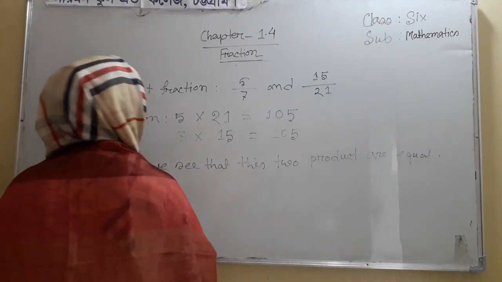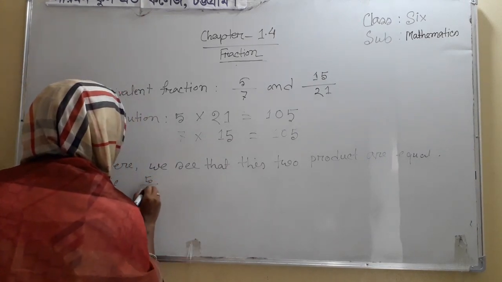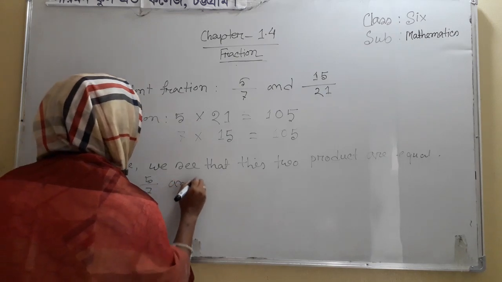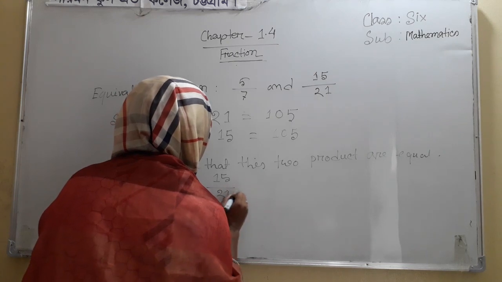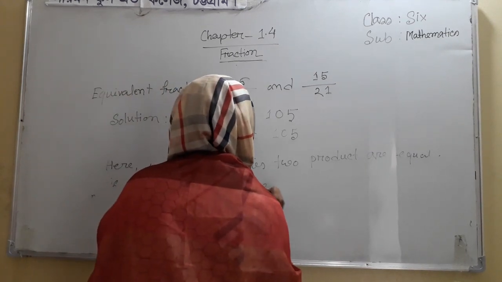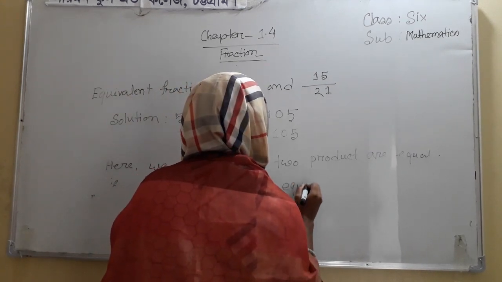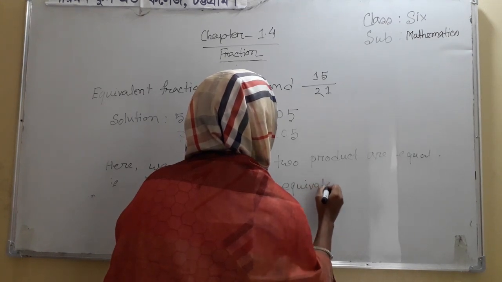That means 5 by 7 and 15 by 21 are equivalent fractions.